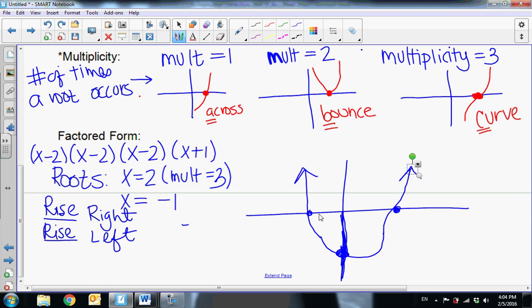And then we're just going to go through or across at x equals negative 1. It's hard to count, so you're just going to do the best you can.